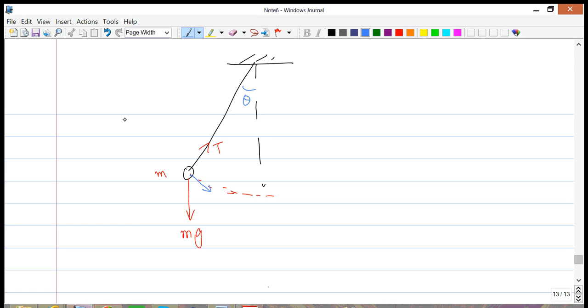At any angle theta, this force is going to be equal to mg times sine of theta. It is this component of gravity that will bring this object back to its equilibrium position. Let us also call this arc length S. So this force is equal to negative mg sine theta, and we write the negative sign because it's a restoring force.